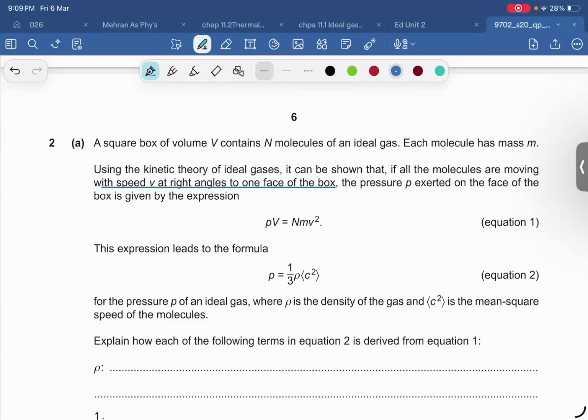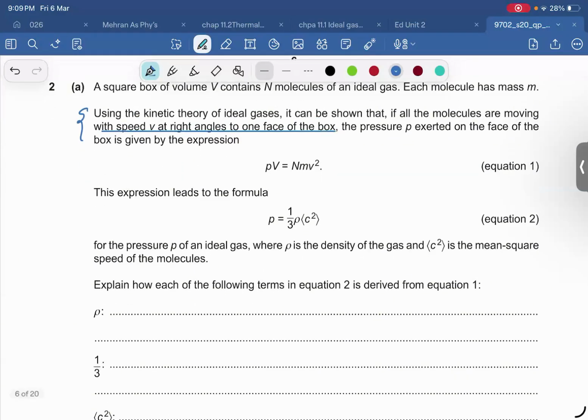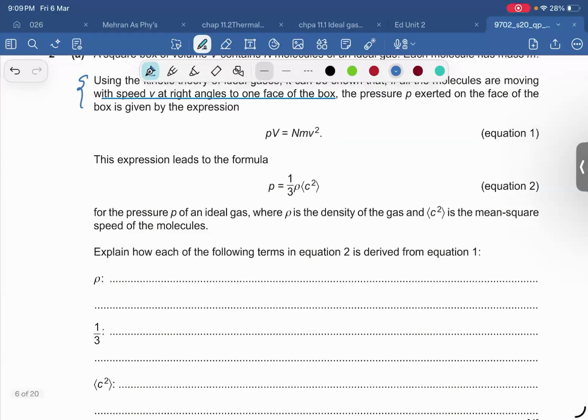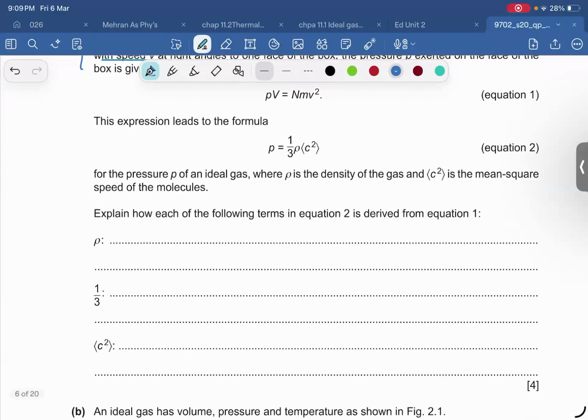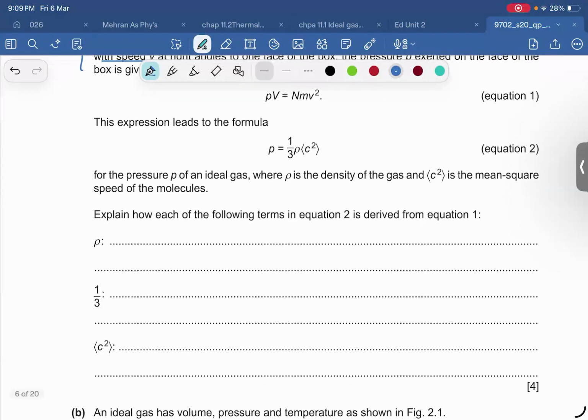This is basically the kinetic theory of an ideal gas. This expression leads to this formula for the pressure P of an ideal gas, with the density and the root mean square speed. Explain how each of the following terms in equation 2 is derived from equation 1.